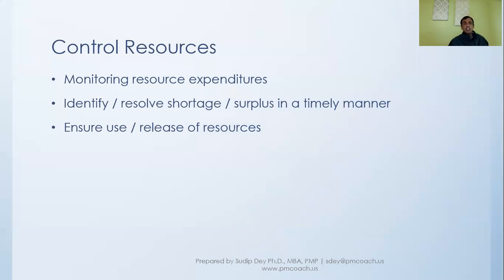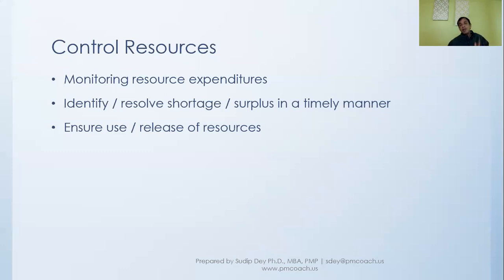And when we are executing the project, we want to ensure that we are using resources to the right extent. And if we don't need resources, we have to be releasing those resources. And that's what we'll always keep planning. We don't want to have idle resources.